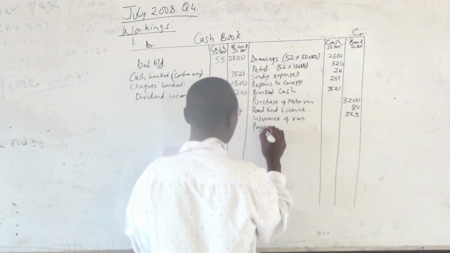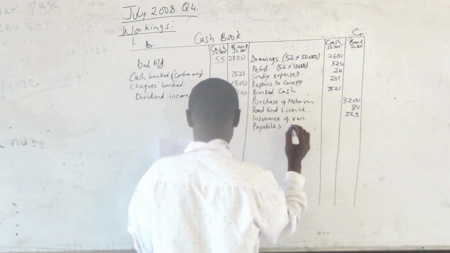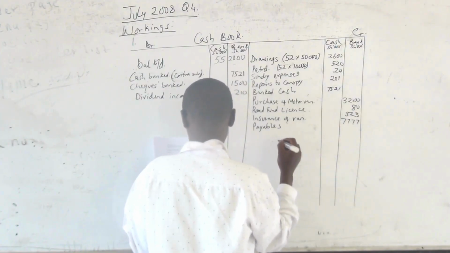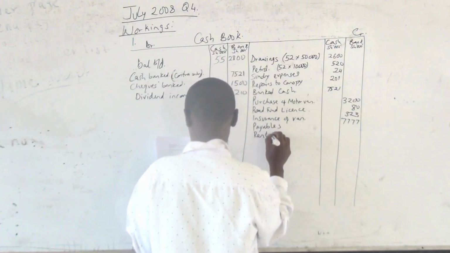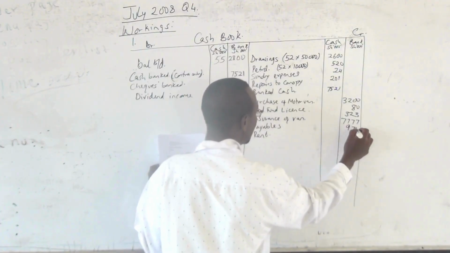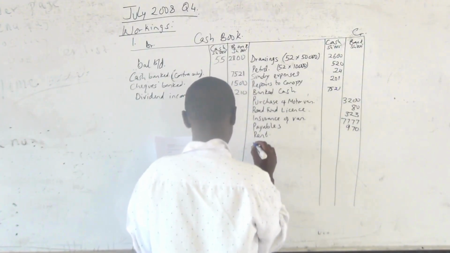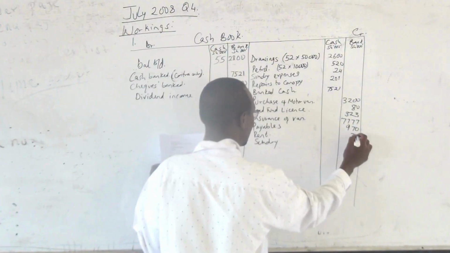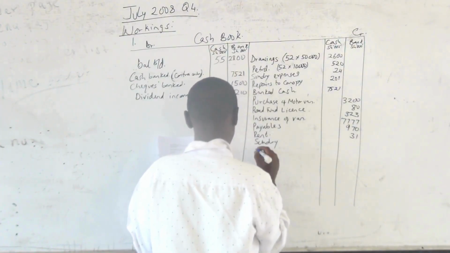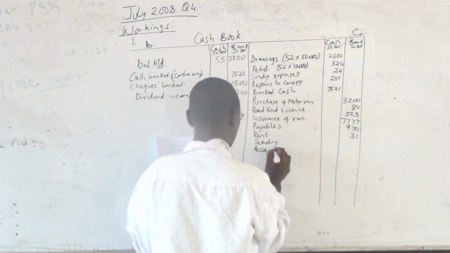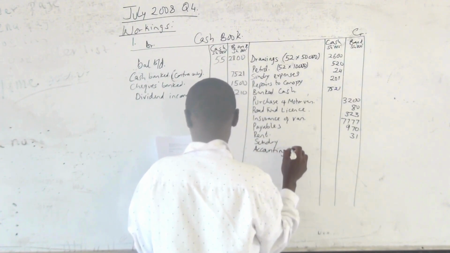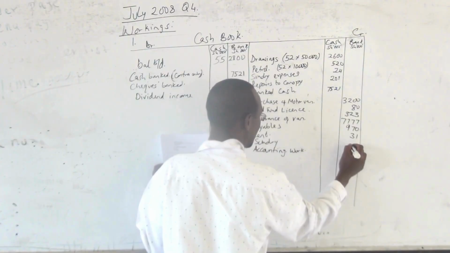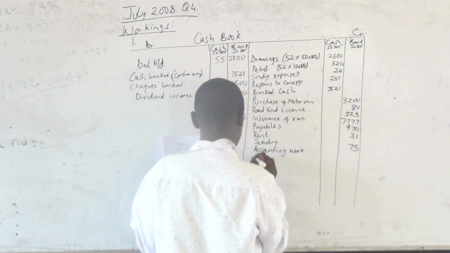Payables, 7,777. There is rent, 970. Sundry, 31. It's accounting work. Also, we are being paid 75. Bank interest.